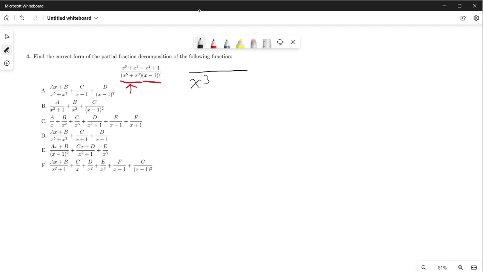I don't care what's on the top, let's say just y, some number is up top. Then taking out the x cubed, we have x squared plus 1. And then we also have the x minus 1 squared.